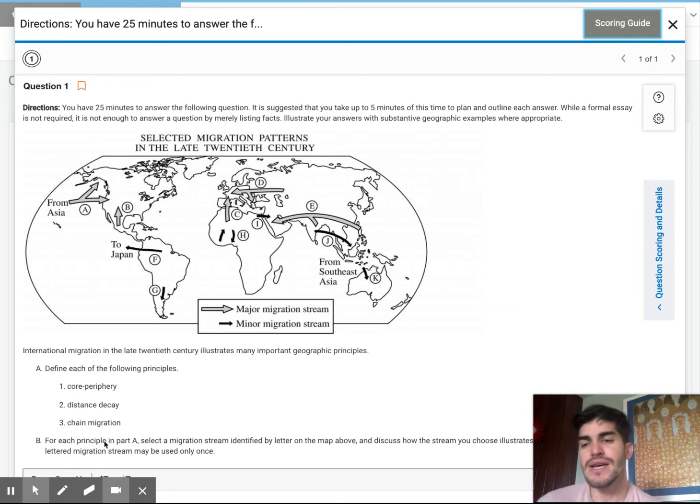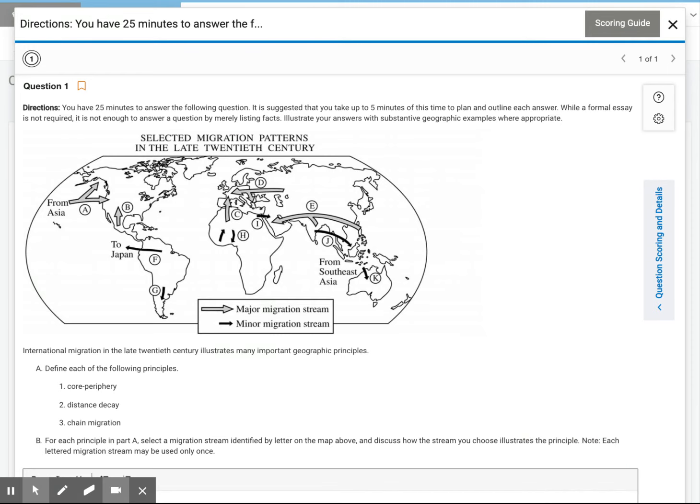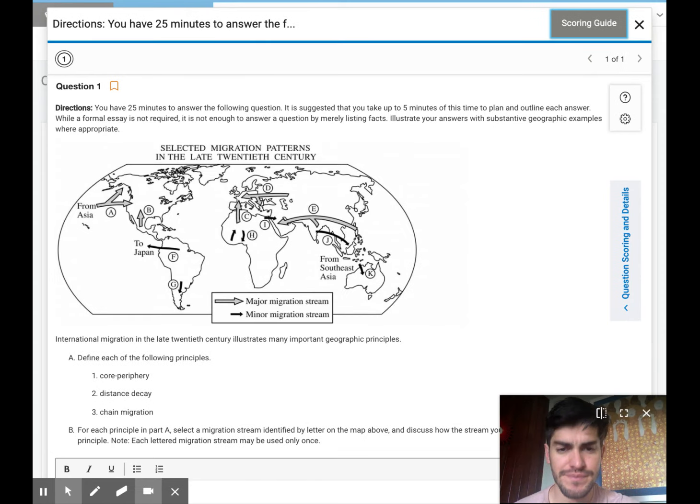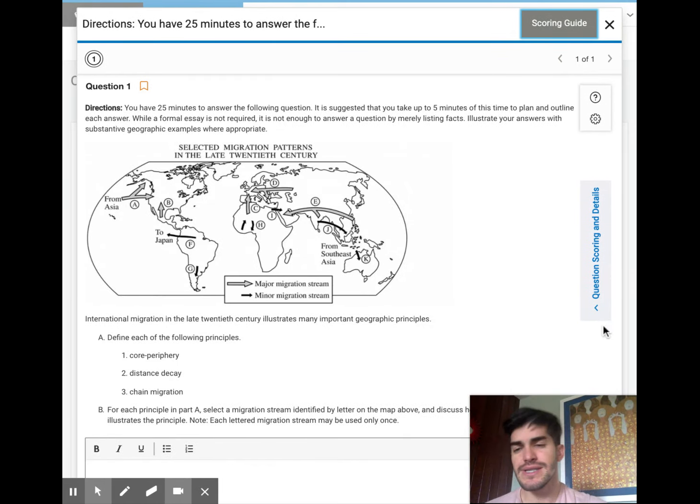So the distance decay is when, let me look at my notes. Distance decay describes how there's a spatial interaction that is dependent on distance.